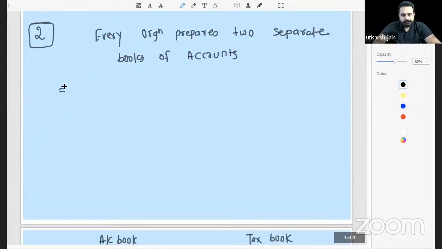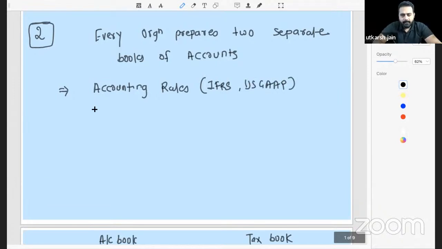So because the accounting rules, and can you give me a couple of examples of what these accounting rules are? The rules that we use for preparation of books, what are they called? Accounting rules, IFRS or US GAAP, right? IFRS or US GAAP.